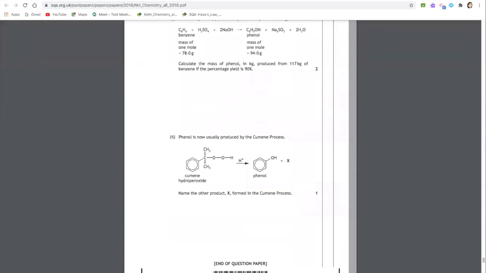So last question, naming the other missing product formed in this process. So the easiest way is to score out anything that appears as a product and a reactant. So we'll score out that benzene ring. Then we've got OH, so we'll score out that OH. Okay, so we're left with CH3, CH3, and then a single bonded oxygen.